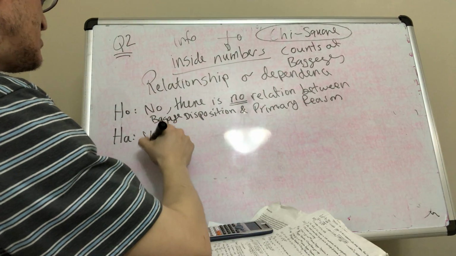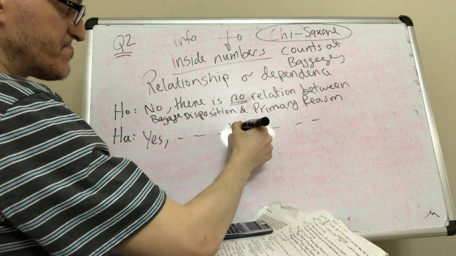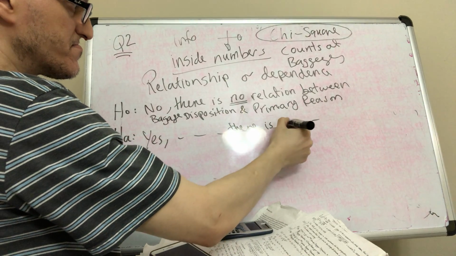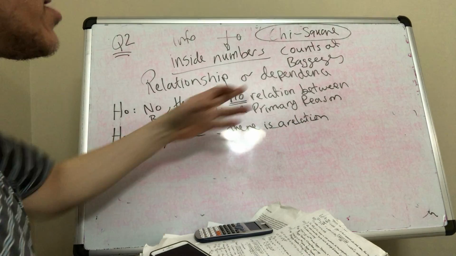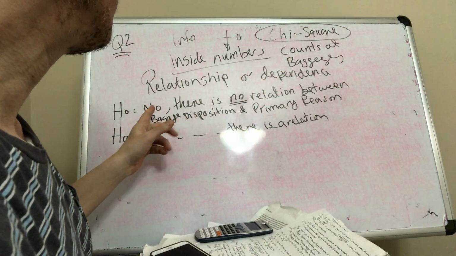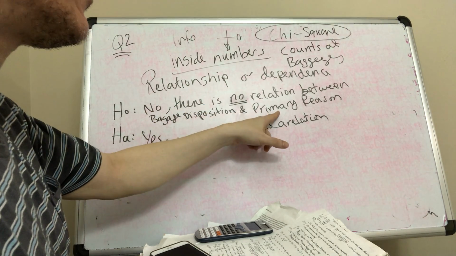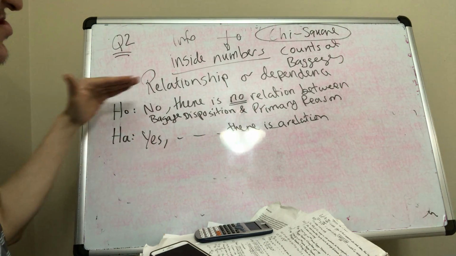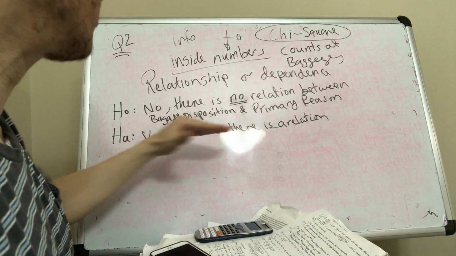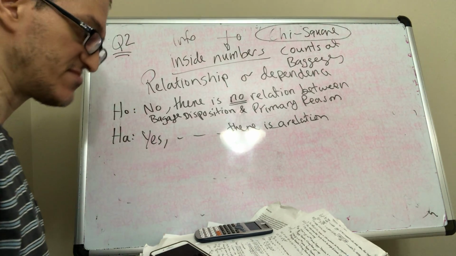And here we say yes, there is a relation. And if it was in terms of dependency, no, baggage disposition does not depend, here does depend. So whether it's relationship or dependency, it's always H0 the no, HA the yes.